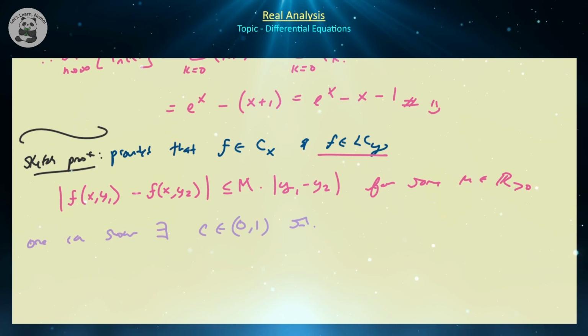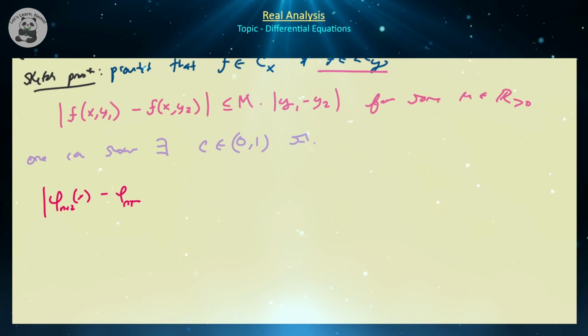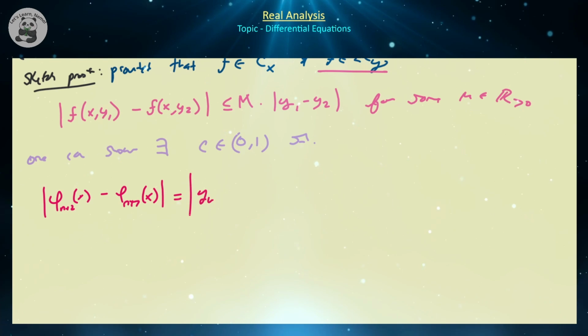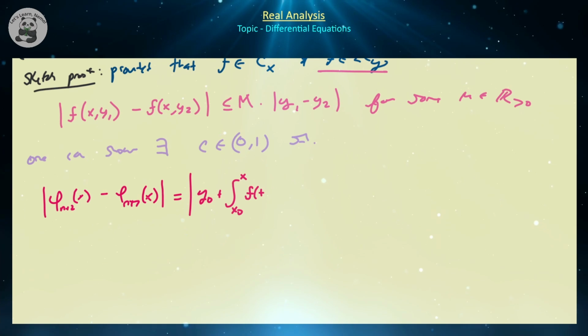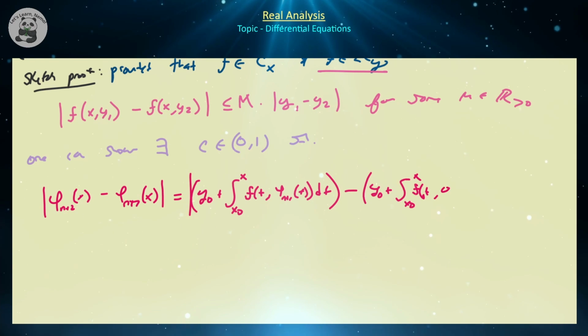So let's look at the iteration between our iterates, our phi's. In particular, phi m plus 2 of x minus phi m plus 1 of x. So this obviously, if we just use our definitions, is going to be equal to y0 plus the integral from x0 to x of f of t, phi m plus 1 of t dt, so that's the first, minus y0 plus the integral from x0 to x of f of t, phi n of t dt.